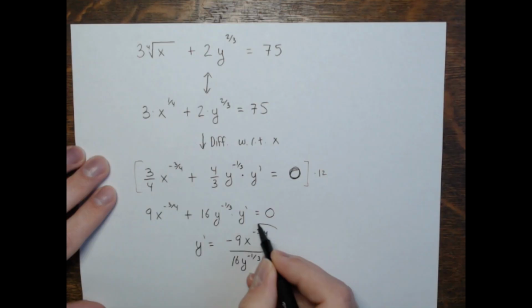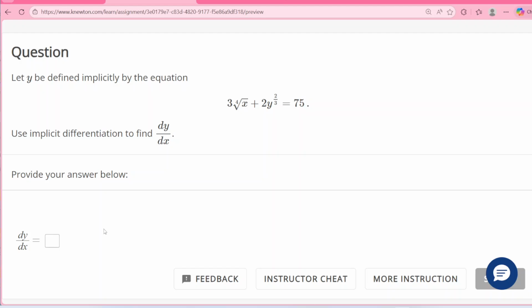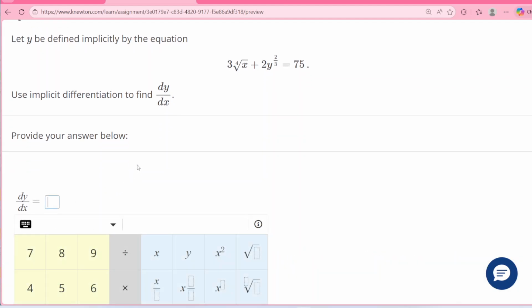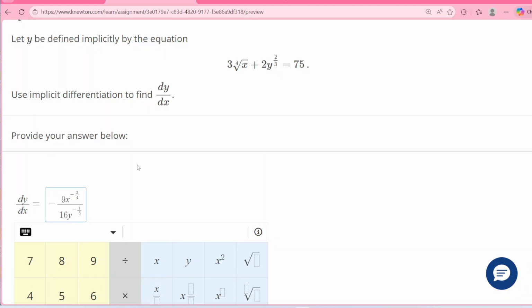And as we saw earlier, you can leave it this way with the negative powers. They might rewrite it with positive powers, but that's what I'm typing. So numerator negative 9 times x raised to the negative 3/4 power, and then divided by 16 times y to the negative 1/3 power.